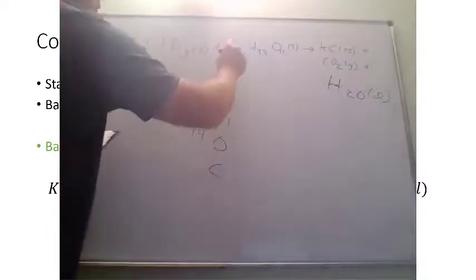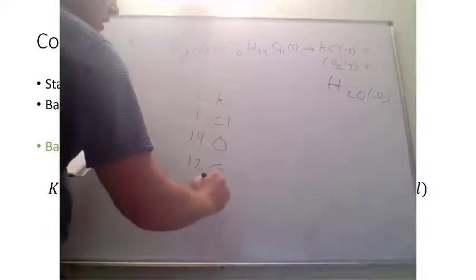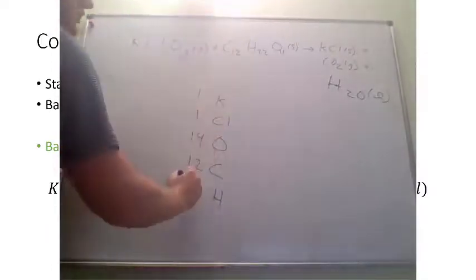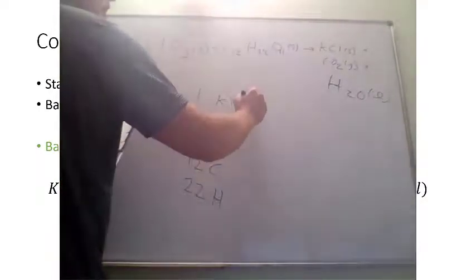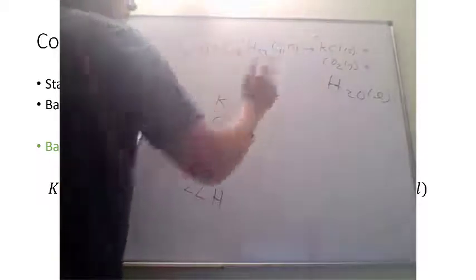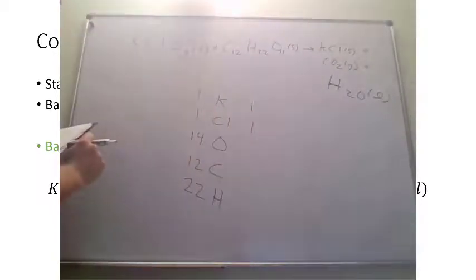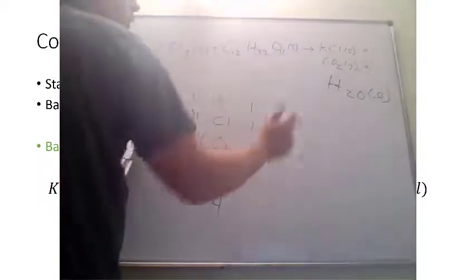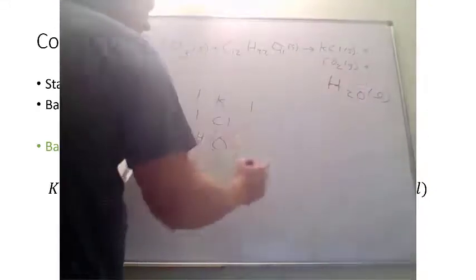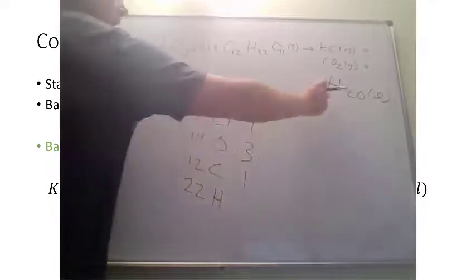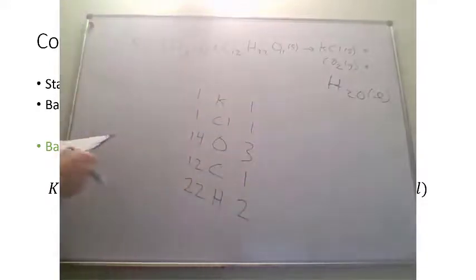For carbon, we have 12. For hydrogen, we have 22. On the right-hand side, we identify we have 1 potassium, K. We have 1 chlorine. We have 1 carbon. We have 2 plus 1 gives us 3 oxygens. And we have 2 hydrogens.